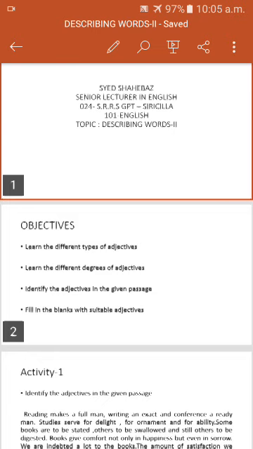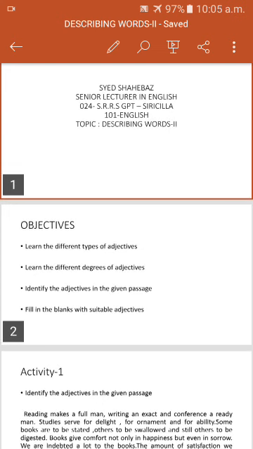We discussed these things in the previous lecture, and we did some exercises in the previous lecture.